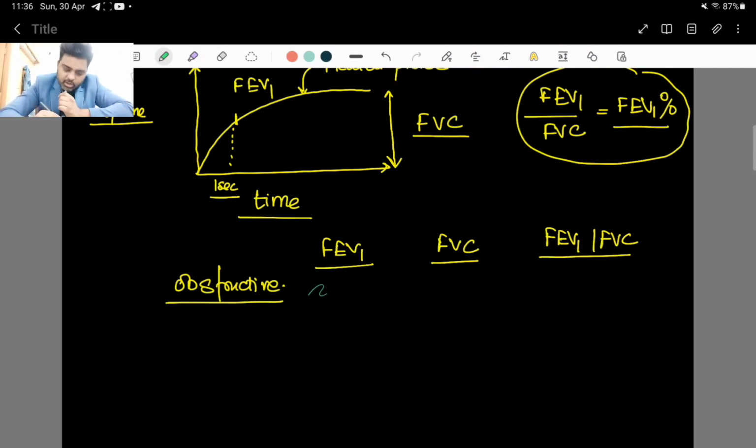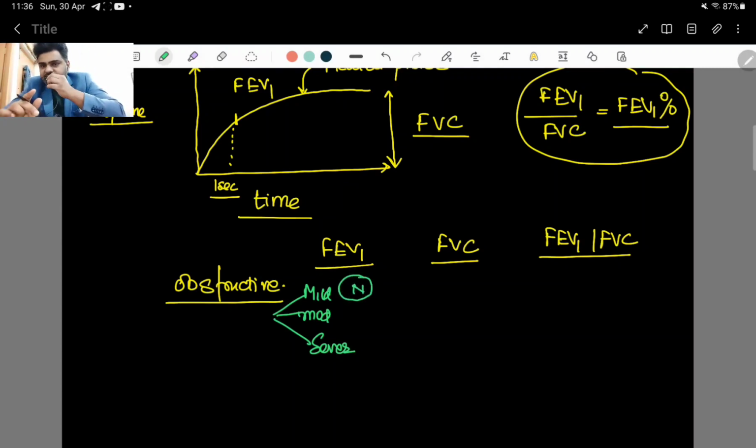So this is a very important point. If we divide obstructive disease into three parts, one is mild, second is moderate, and third is severe. In mild form FEV1 will be normal. This is a very important point. Although it is very sensitive, in mild obstructive disease FEV1 will be normal. In moderate it will decrease, and in severe it will decrease.